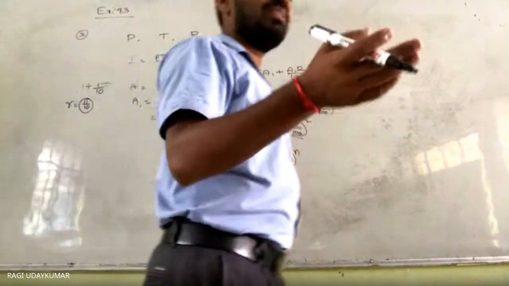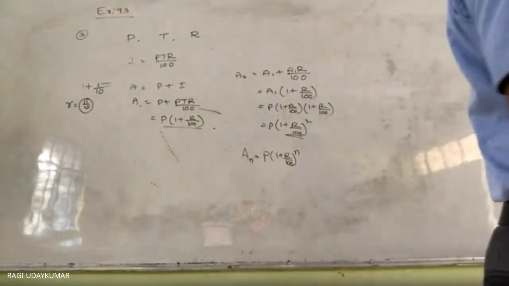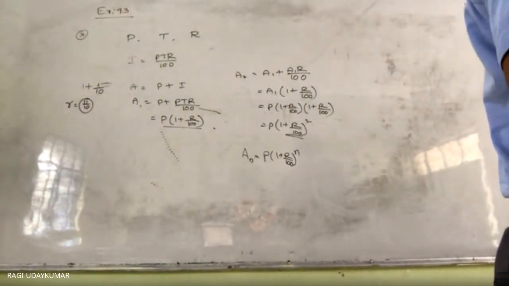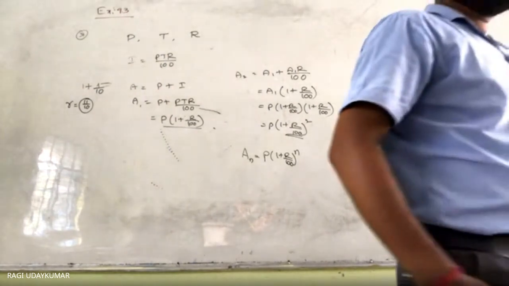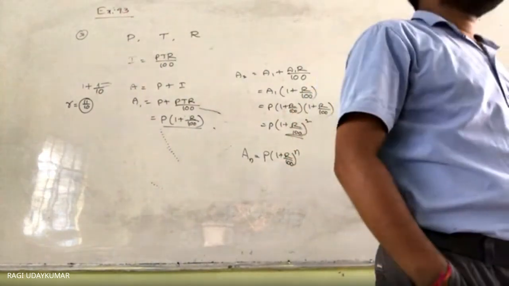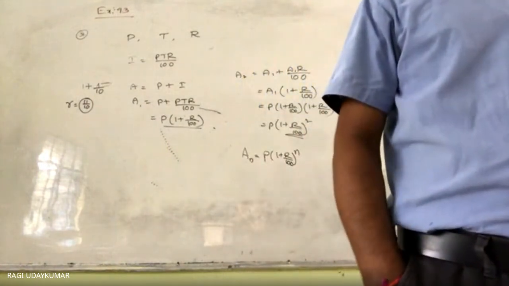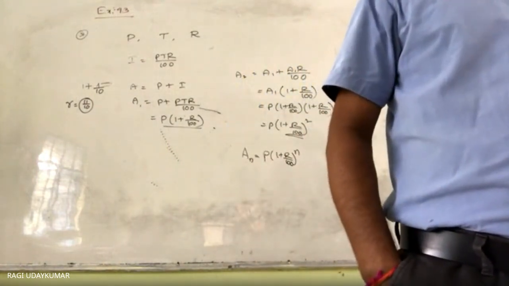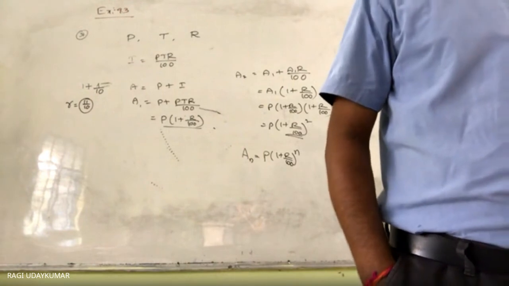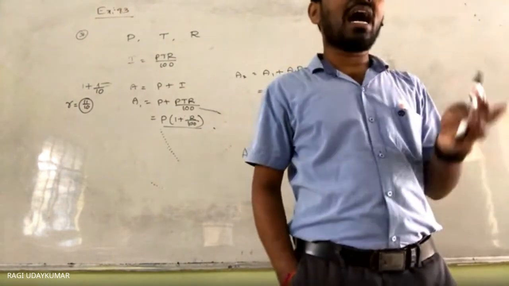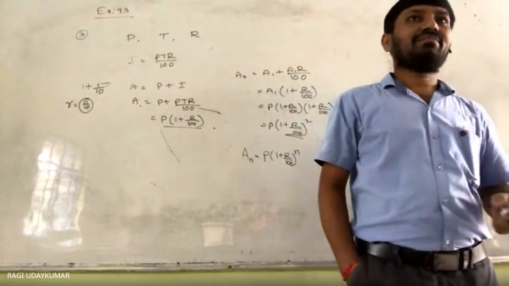You have to use just direct questions only. The 32nd one, AM GM, very interesting question. The arithmetic mean and geometric mean of the roots of the quadratic equation are 8 and 5.